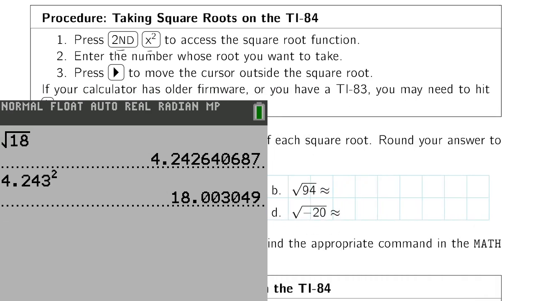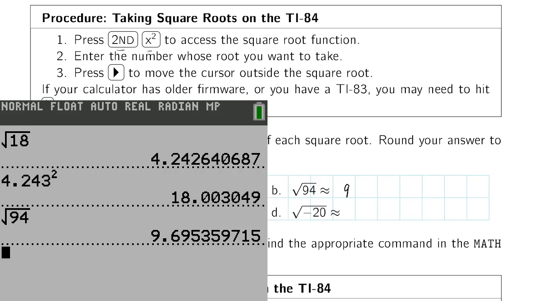Let's see another example of this. In this next example, we're going to take the square root of 94. So again, I'm going to hit second x squared, type in 94, and I can leave that cursor inside as long as I'm not doing any more arithmetic. So I'm just going to hit enter. Again, rounding to 3 decimal places, I'll have 9.695.